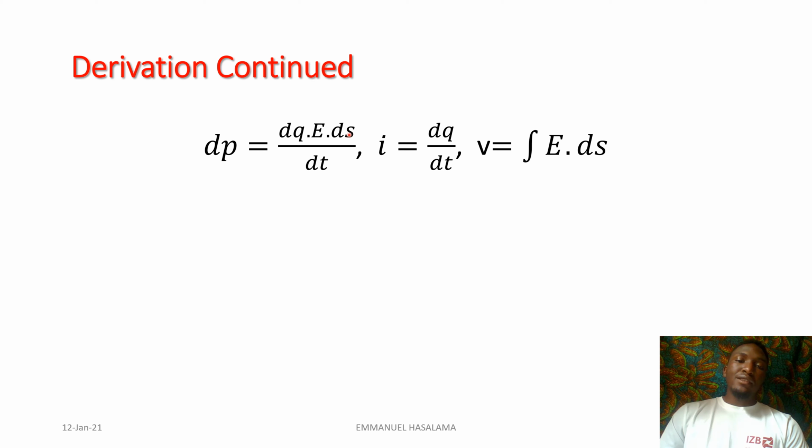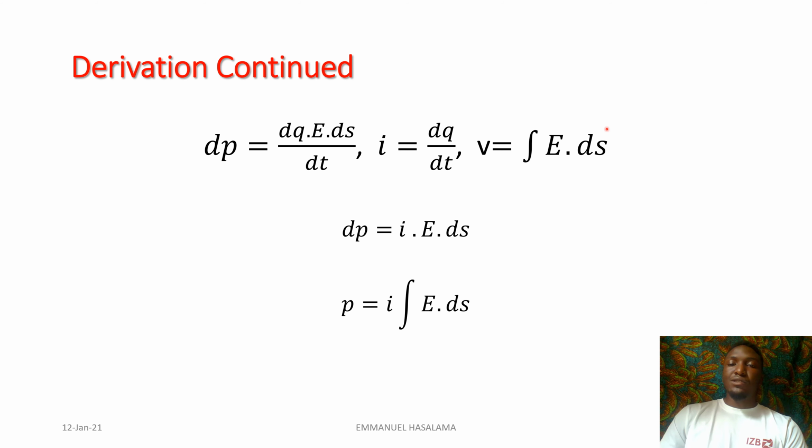Okay, so in this expression for power in that segment, we have the dq/dt in it, and the dq/dt is nothing but current. So we go ahead and replace the dq/dt with I, and we end up with this expression. If we integrate both sides, we end up with the following equation, and this part is quite familiar because we saw it earlier when we were looking at the charged plates.